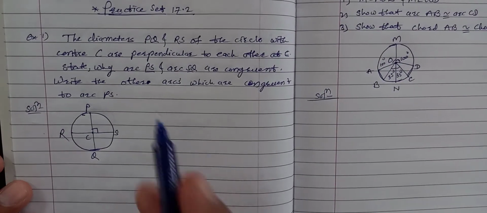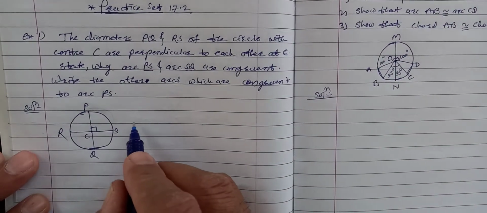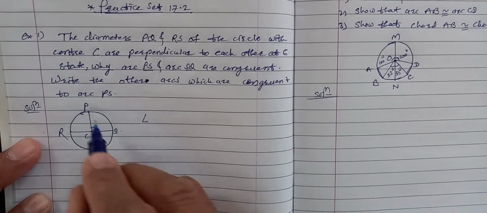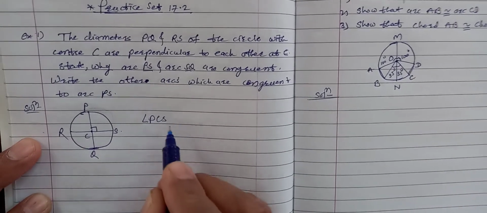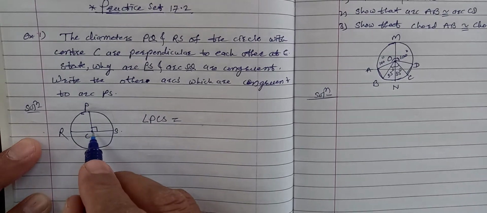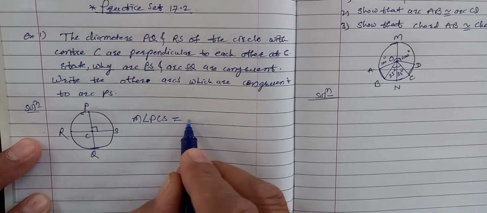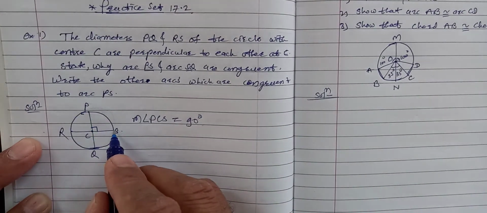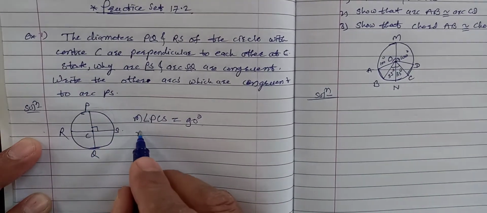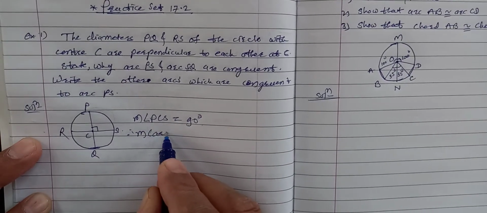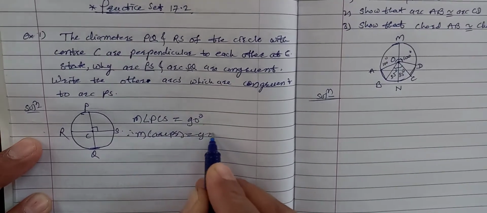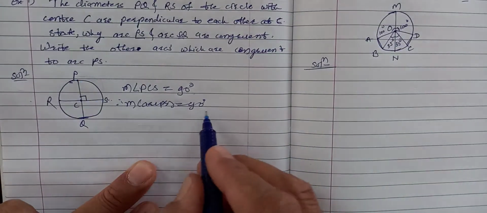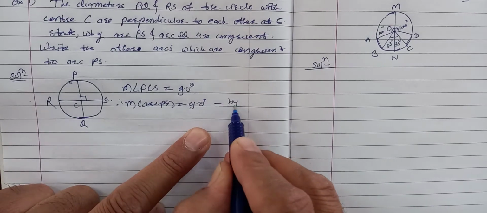Okay, now first we will see this. C is the center, so angle PCS is a central angle. Since the diameters are perpendicular, the measure of angle PCS is 90 degrees. So the measure of arc PS is also 90, because it is the corresponding arc.